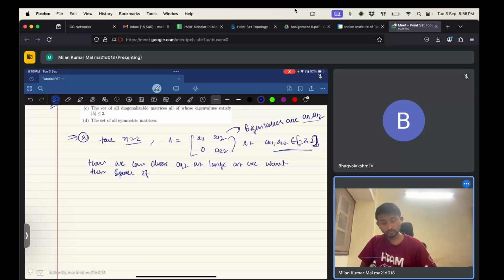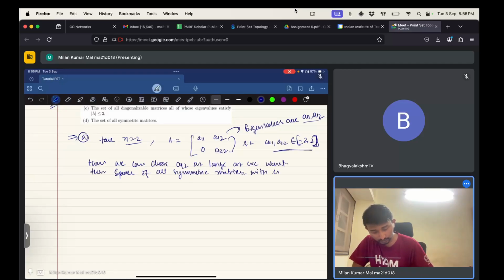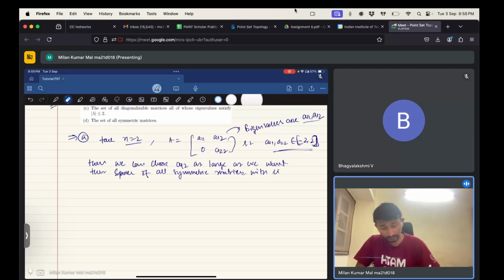So the space of all upper triangular matrices, not symmetric, with eigenvalue mod lambda less than or equal to 2 need not be bounded, so it is not compact.